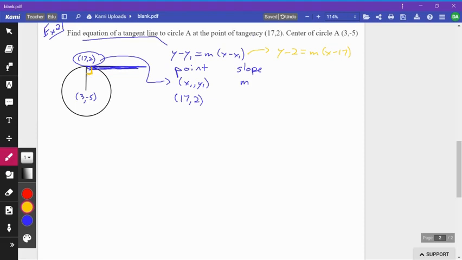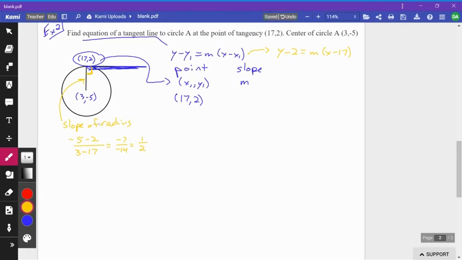So what I want to do is I want to find the slope of the radius. So if I remember my slope formula, the slope of the radius is going to be (y2 - y1) over (x2 - x1). So that is going to be -7 over -14, which simplifies to a positive 1/2.